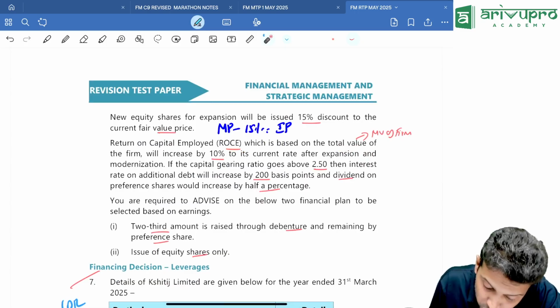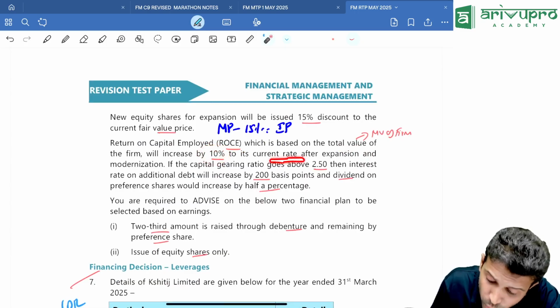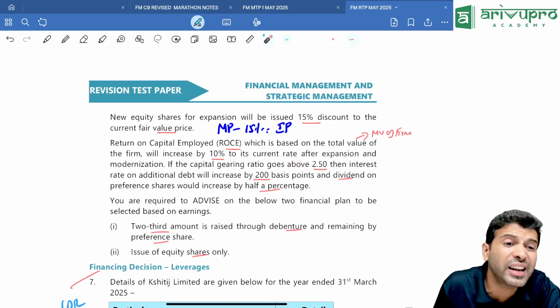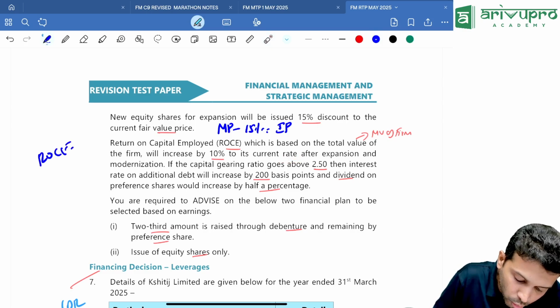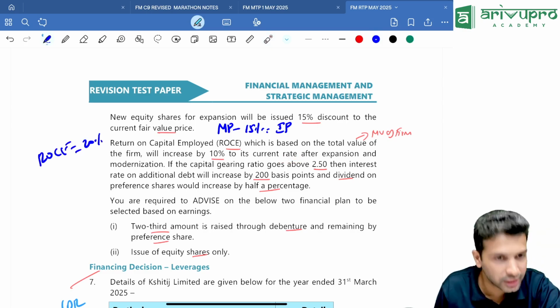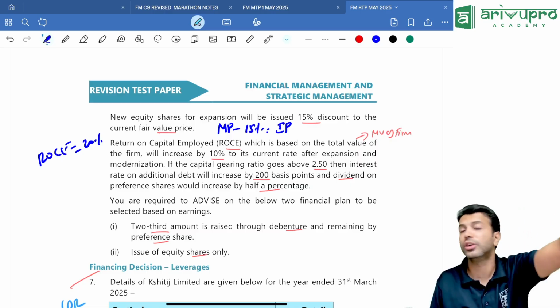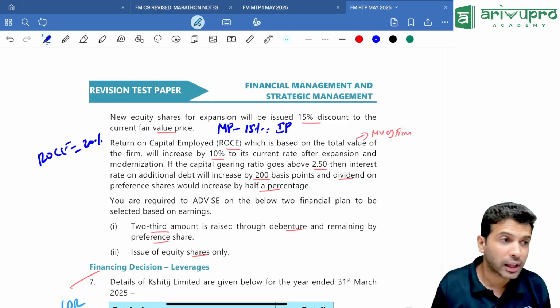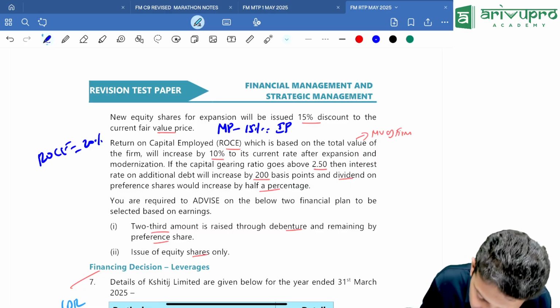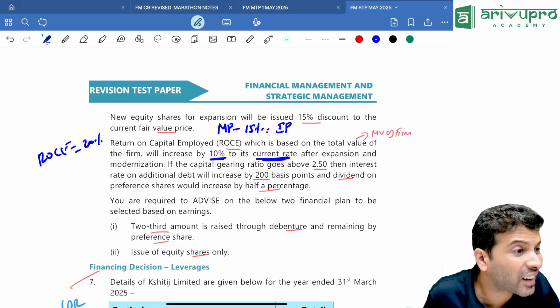Now check. The ROCE will increase by 10% to its current rate. So let's say if the current ROCE is 20%, after you do the new project, will the ROCE be 20%? No, it will increase by how much? 10%. Don't say it is 10%. It will increase by 10% of its current rate.